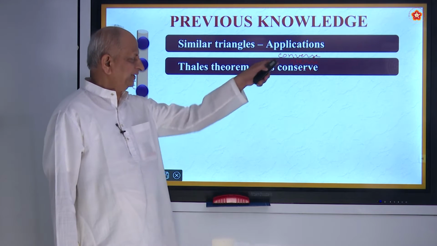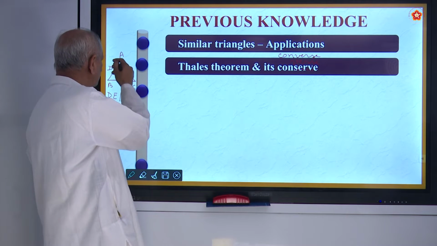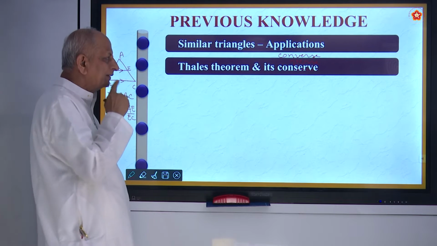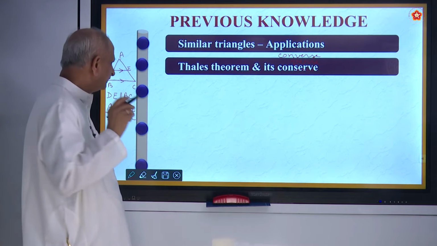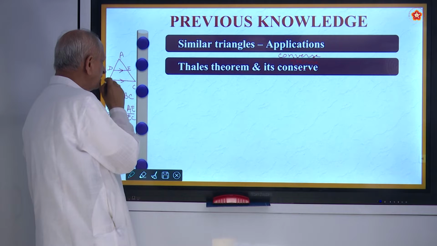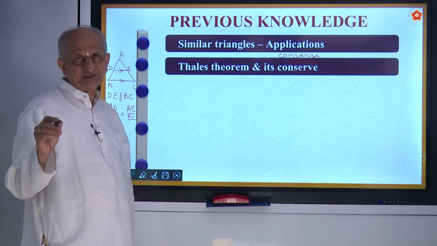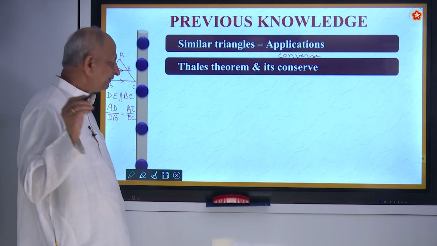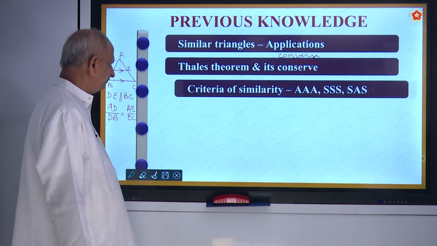And its converse says, if a line divides the two sides in equal ratios, then that line will be parallel to the base. It will be parallel to the third side. Okay. So that is what is called as converse of the Thales theorem.